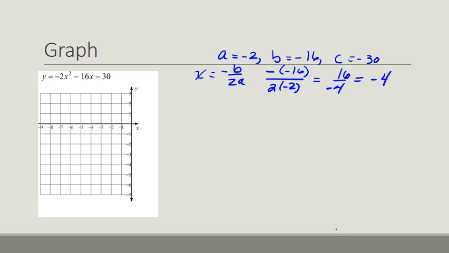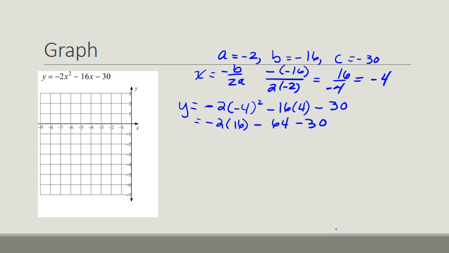Then I'm going to plug it back in, so I get negative 2 times negative 4 squared minus 16 times negative 4 minus 30. So I'm going to get negative 2 times 16 minus 64 minus 30.